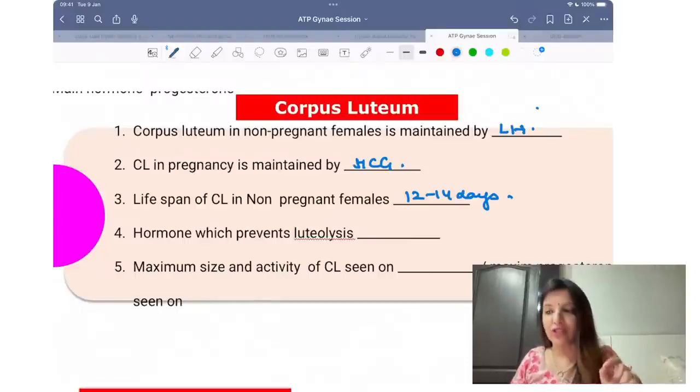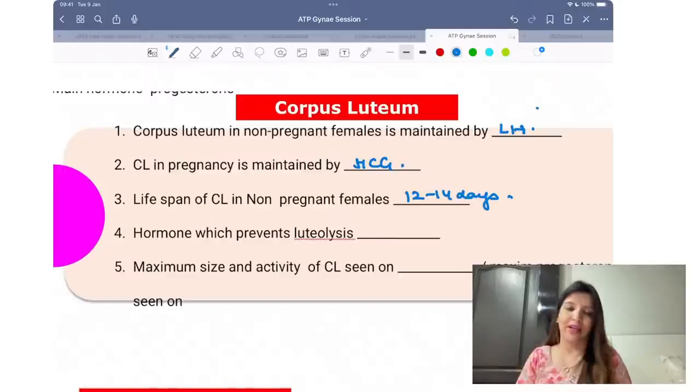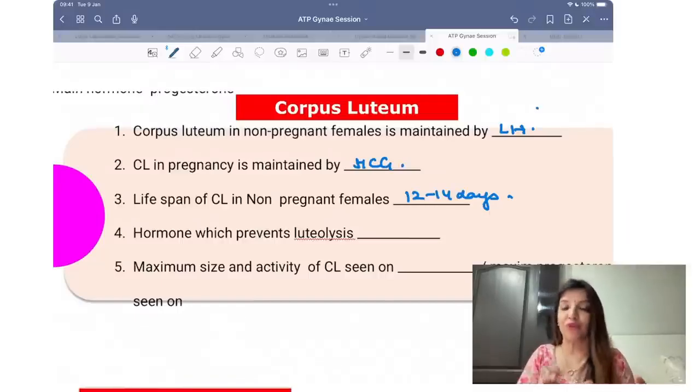Hormone which prevents luteolysis. Which hormone prevents luteolysis? So corpus luteum is about to die. ऐसा कौन सा hormone आता है जो corpus luteum को, it prevents corpus luteum from dying? Which is that hormone? 12 to 14, 12 to 16, both are correct answers.